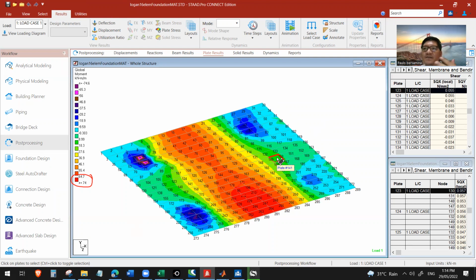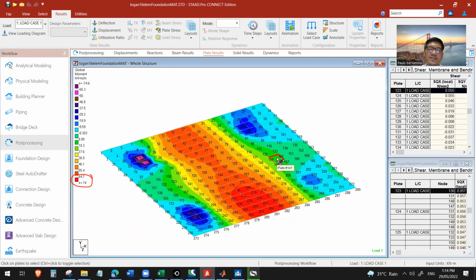Ang limitation lang natin is we are using a more number of elements to come up with the same result, no? Kasi nga, limited yung 12 degrees of freedom. Unlike the commercial softwares like STAAD, it's using a 24 degrees of freedom, no? Na plate element.